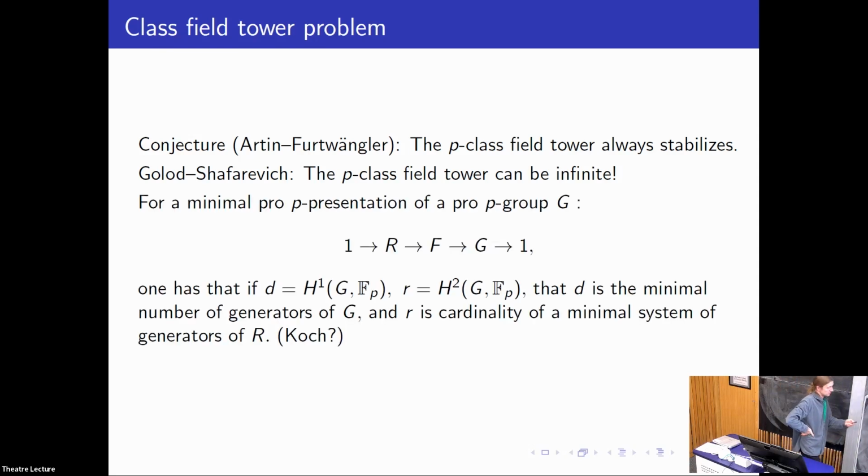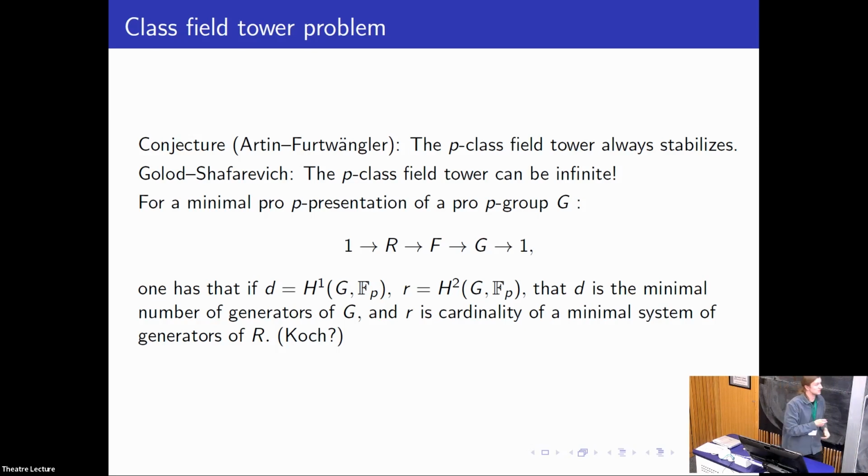So given a pro P group G, you can consider what's known as a minimal pro P presentation of the group G. That's an exact sequence like this, where this is free pro P. And to say that this is minimal means that the image here is a minimal set of generators.